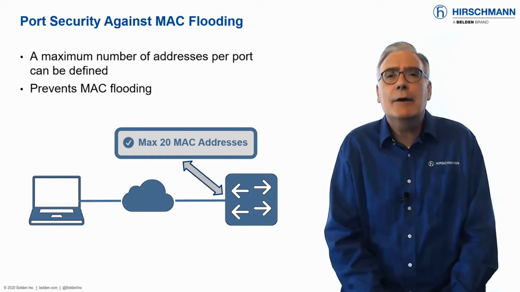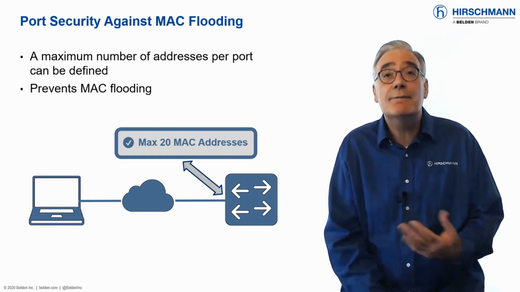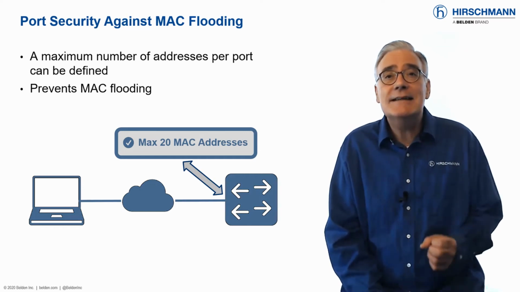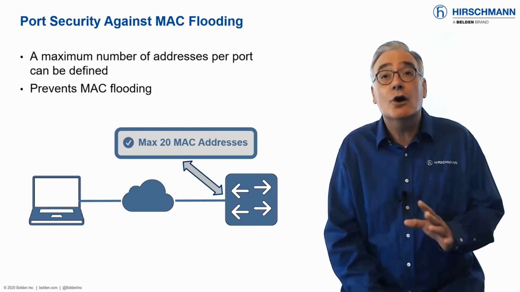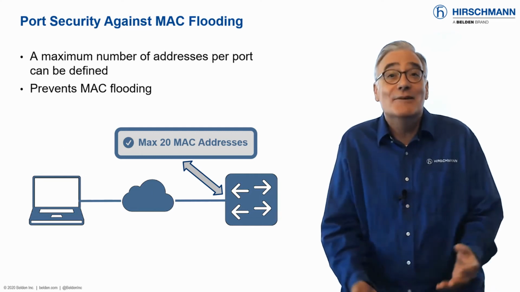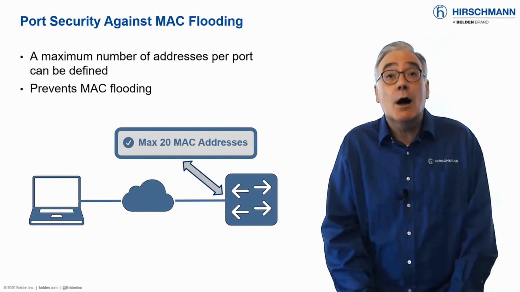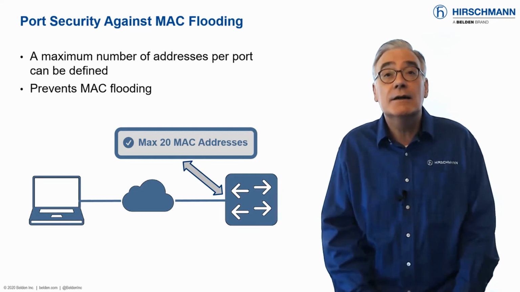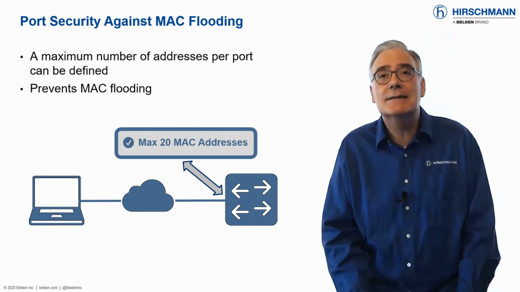Port security can also be used to restrict port access to a defined number of MAC addresses. In this case, the number of addresses is relevant, not the specific addresses. So why would you want to do it? A number of network attacks are based upon the ability to fill up the learned address table, also known as the forwarding database.